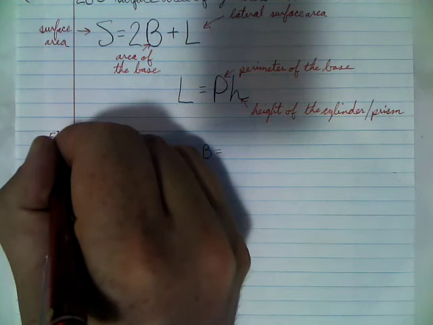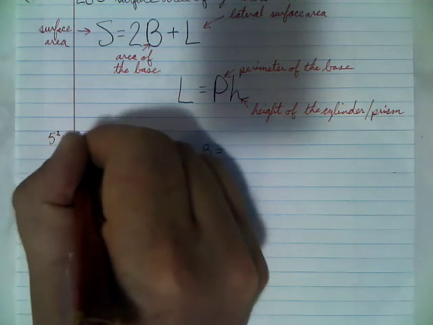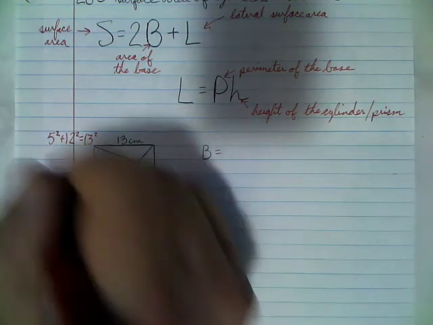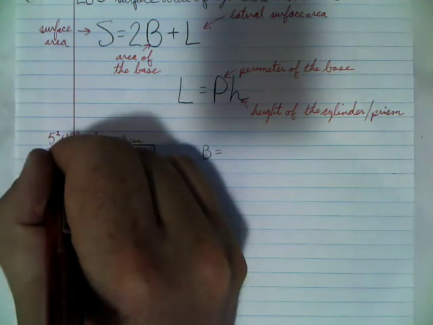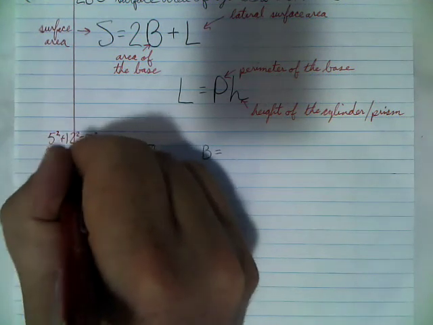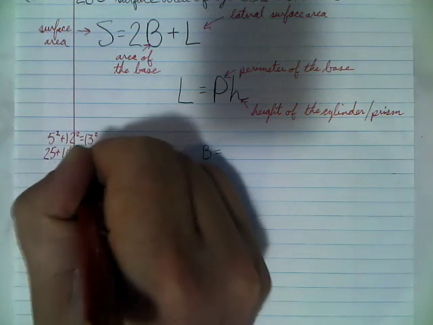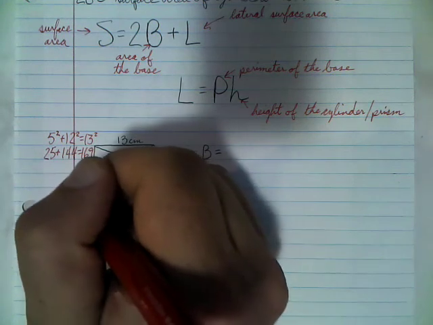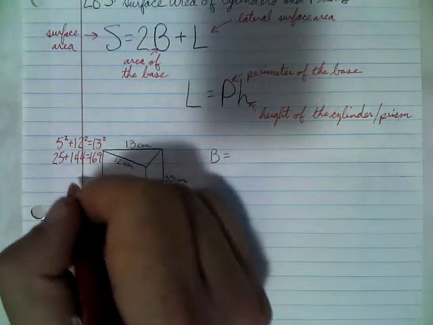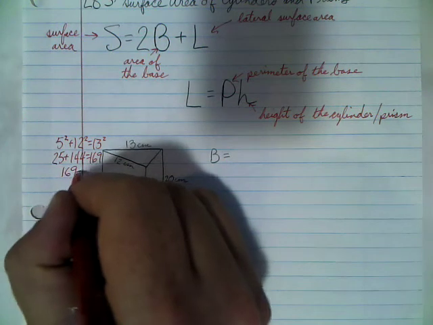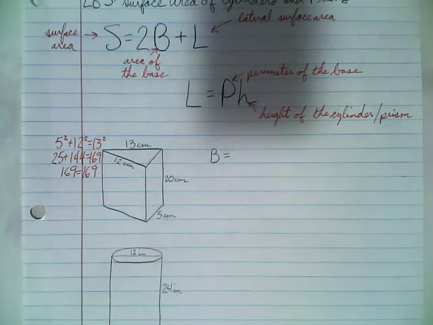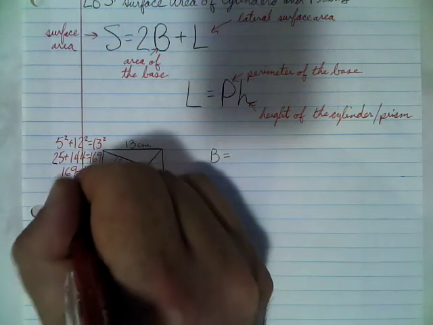5 squared plus 12 squared needs to equal 13 squared. Well, 5 squared is 25, 12 squared is 144, and 13 squared is 169. So 25 plus 144 is 169. So sure enough, this is a right triangle. So we're going to make a little note about what we did here.